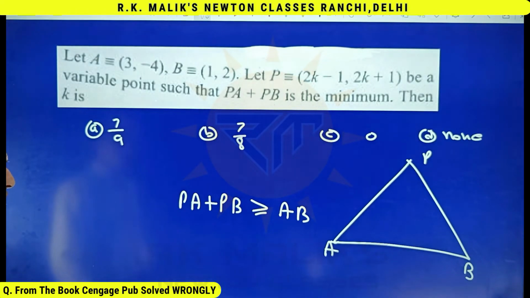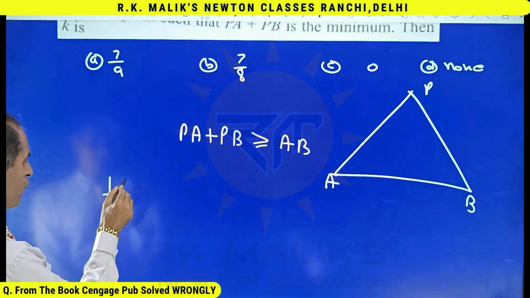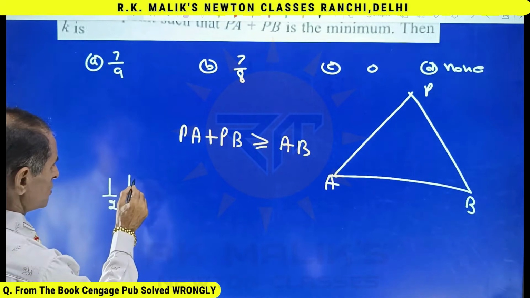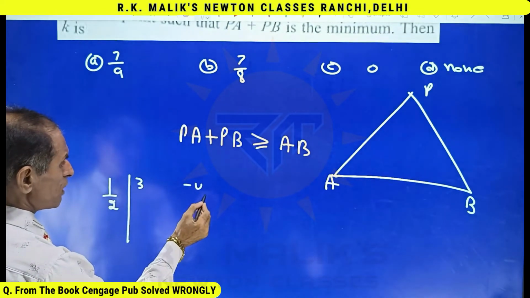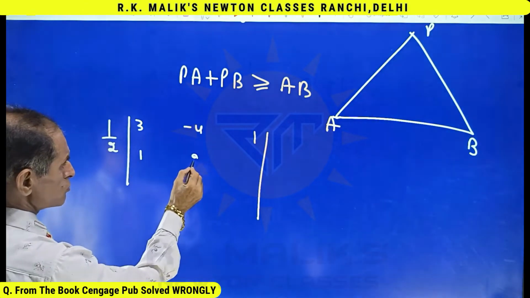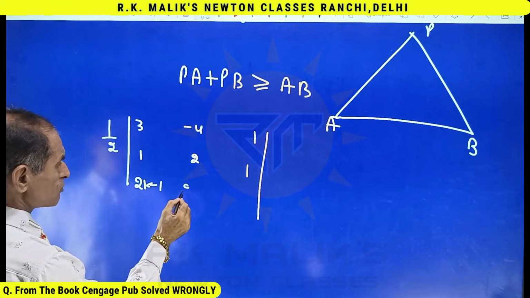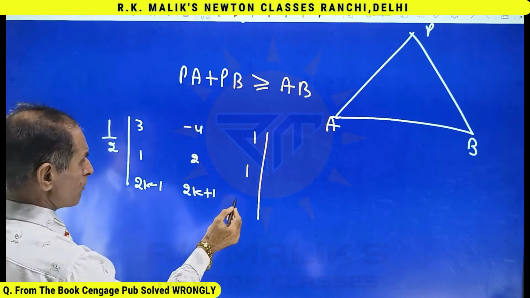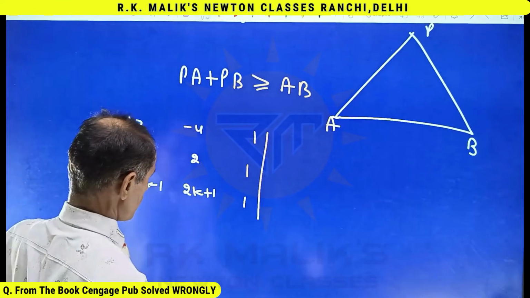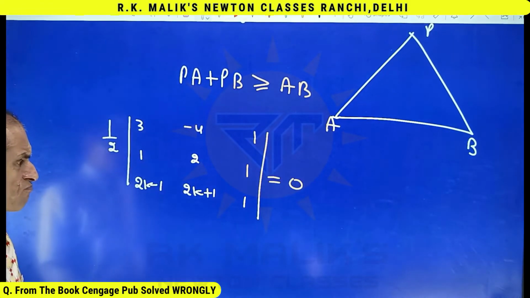And using the condition of collinearity, the area of the triangle is 0. That is, you will get 1/2 times the determinant with rows (3, -4, 1), (1, 2, 1), (2k - 1, 2k + 1, 1), putting it equal to 0.